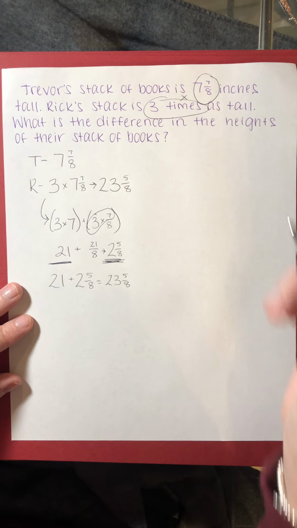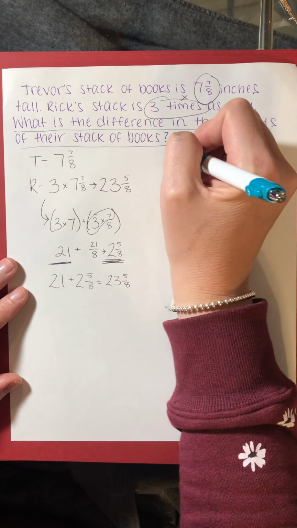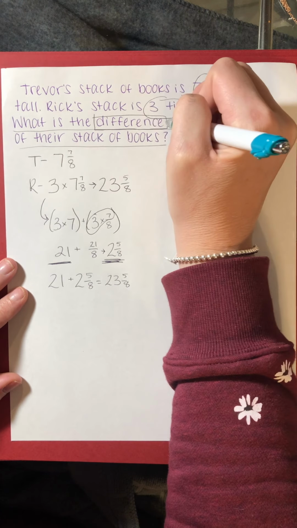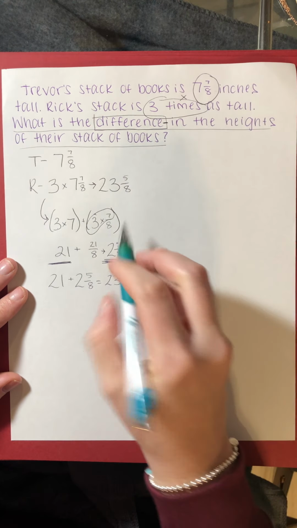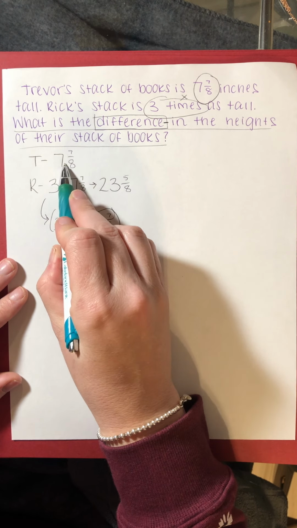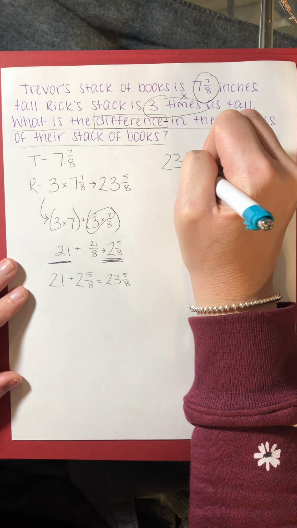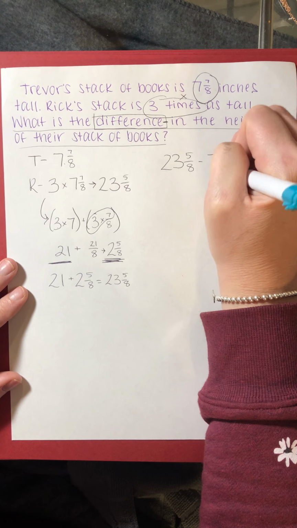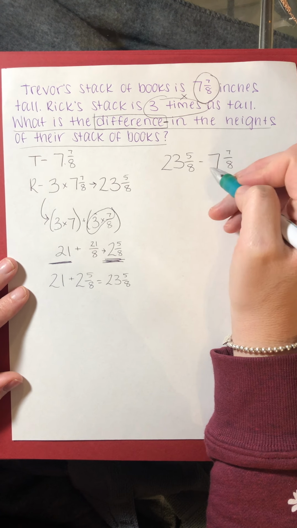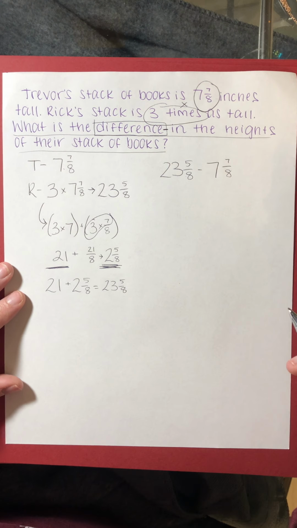We're not done with our problem because, I'm sorry, I didn't do this. What is the difference? Difference tells us to subtract. Now I need to subtract Trevor's stack of books from Rick's. Okay, 23 5/8, take away 7 7/8. It's always easier to turn these into improper fractions when you're subtracting them.